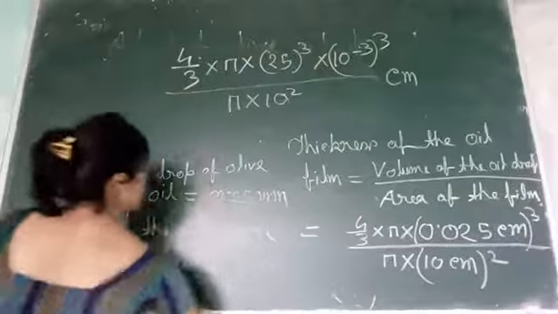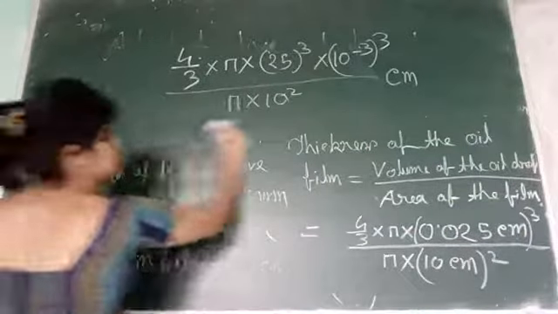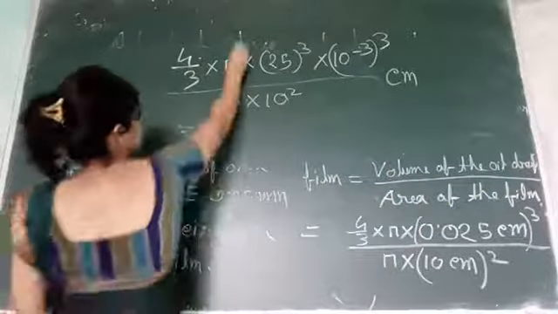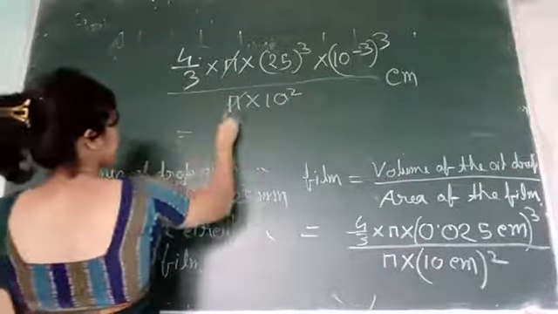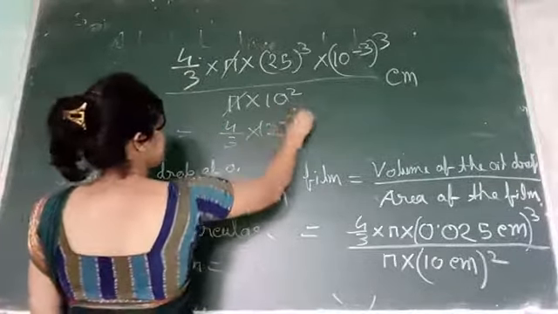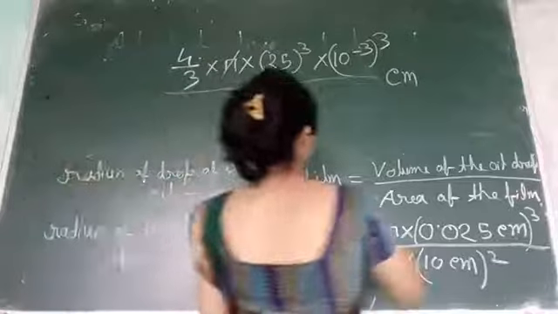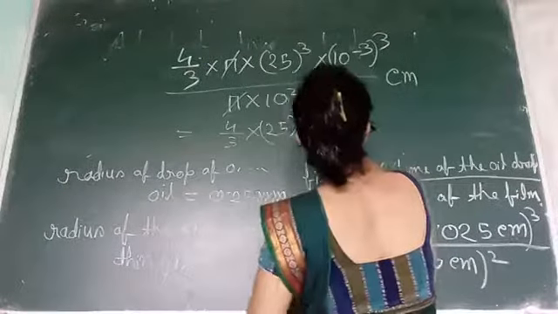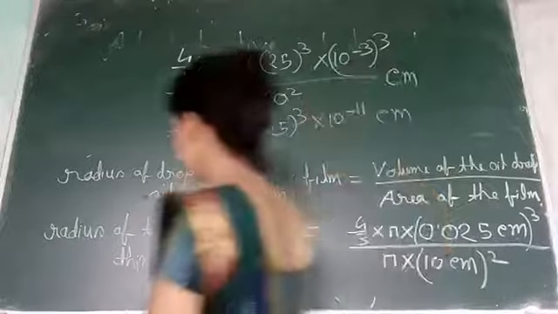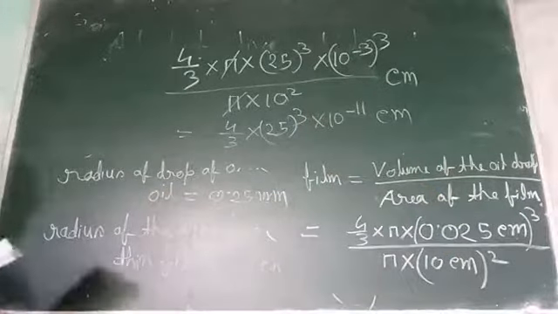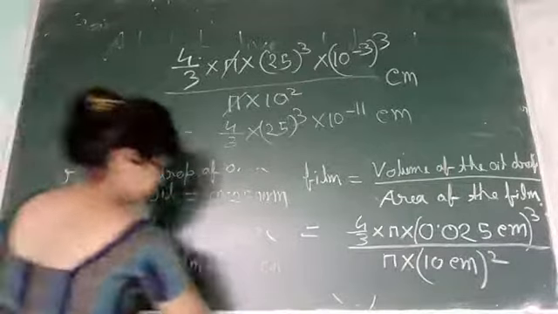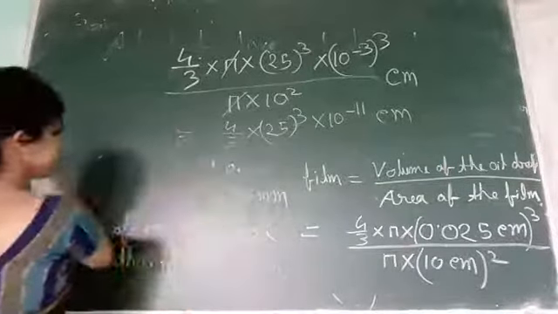So what will we get? Pi cancels. So 4 by 3, 25 cube, which gives 10 to the power minus 11 centimeter. If we simplify this, we will get the result in this way.